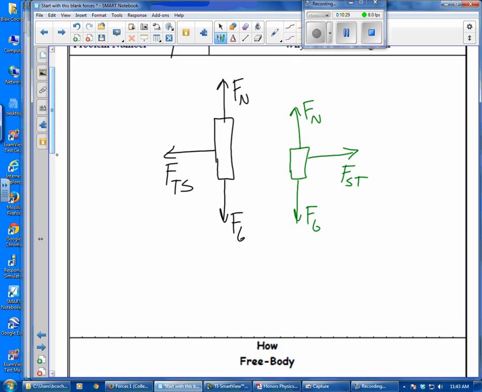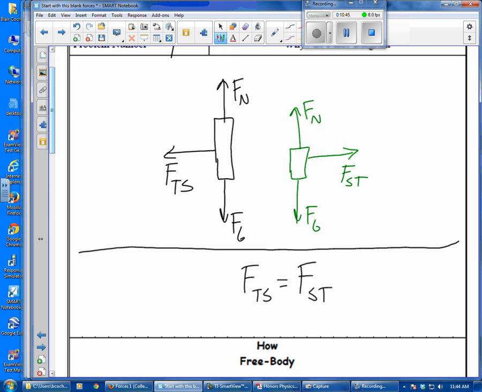So we know from Newton's third law that the force on Tom's sister is just as big as the force on the sister due to Tom.